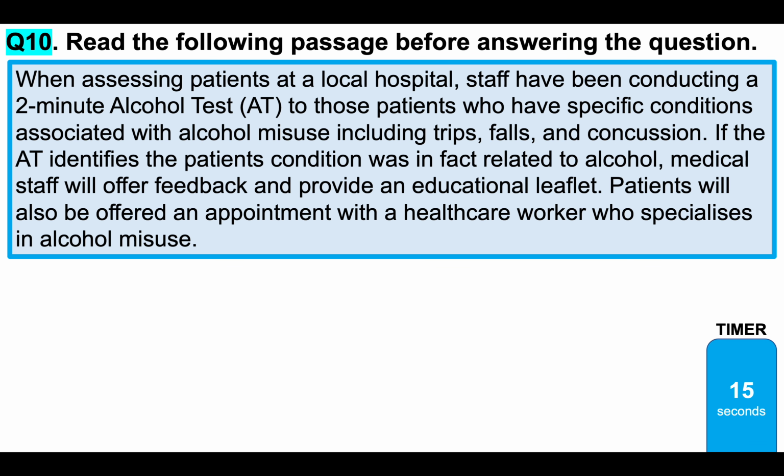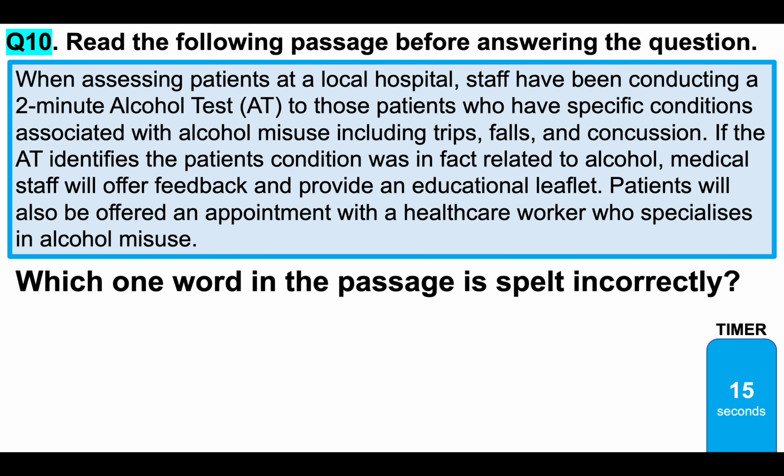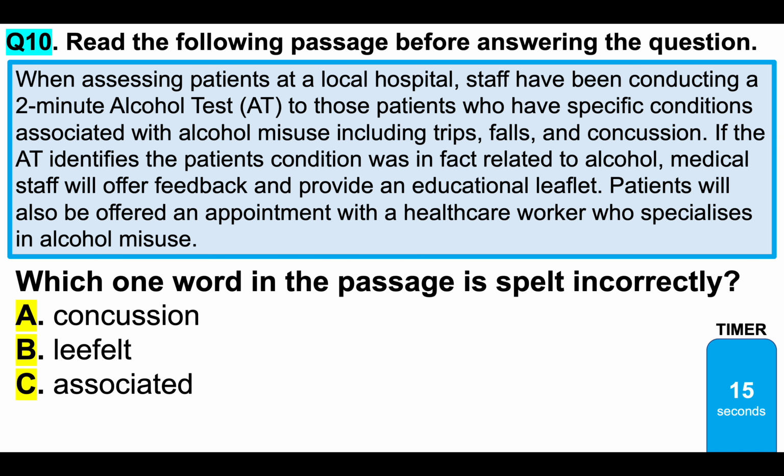Patients will also be offered an appointment with a healthcare worker who specialises in alcohol misuse. Which one word in the passage is spelt incorrectly? Concussion, leaflet, associated or assessing? Here's your timer.